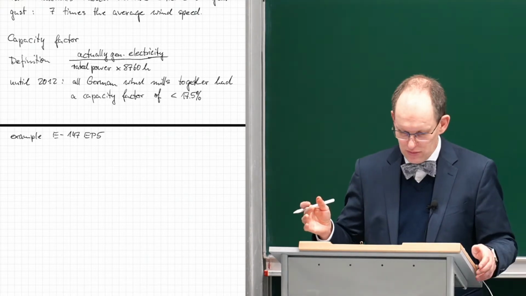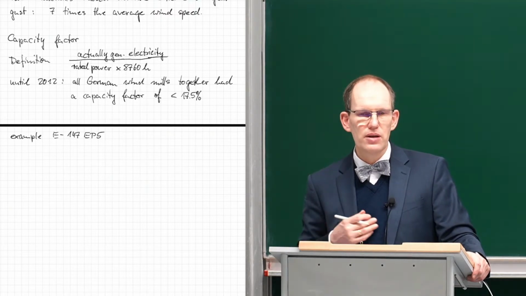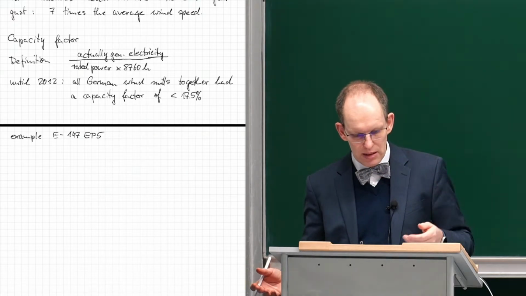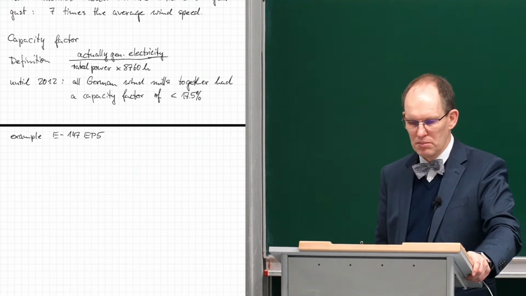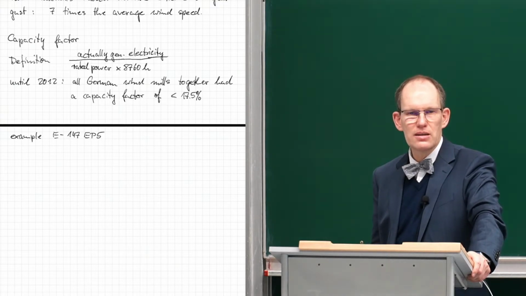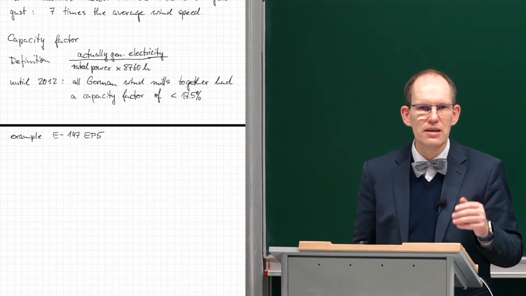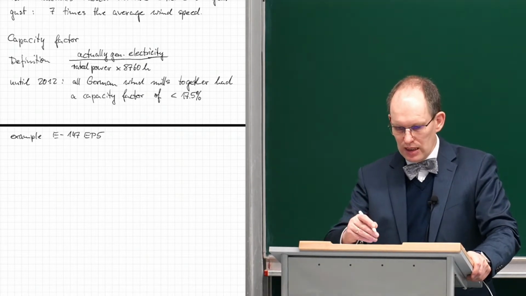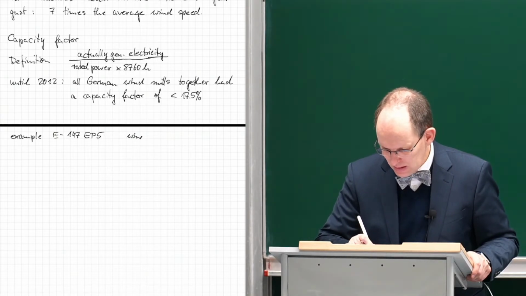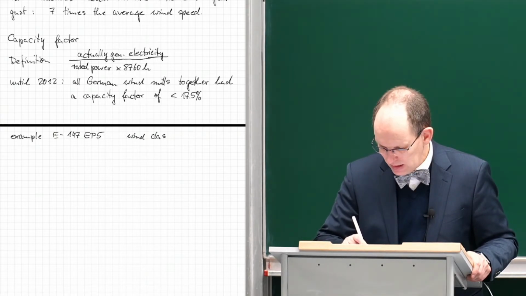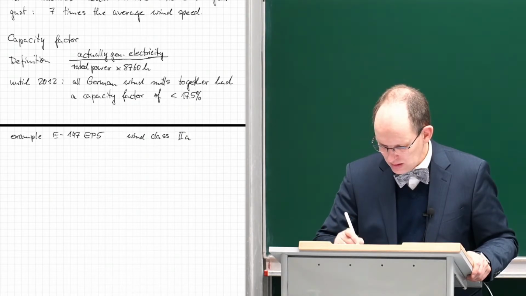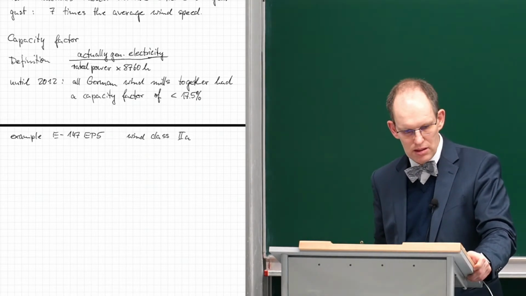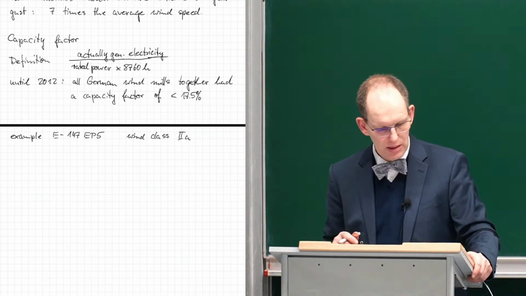E stands, of course, for Enercon, but 147 stands for the diameter of the rotor in meters. So a rather big windmill here, and EP5 stands for that it's in the 5 megawatt class. And this windmill is for the wind class 2A. So not very close to the coast. So kind of medium wind speed.